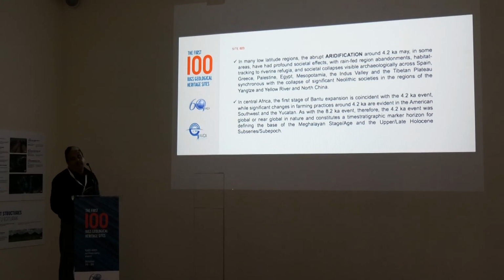So there was migration of societies, changing livelihoods, and changing agricultural practices. This is the impact of this 200-year drought situation. In Central Africa, the first stage of Bantu expansion is coincident with the 4.2 event.